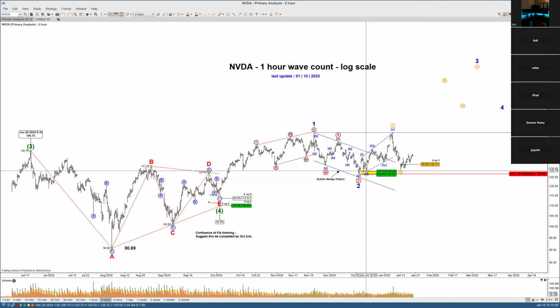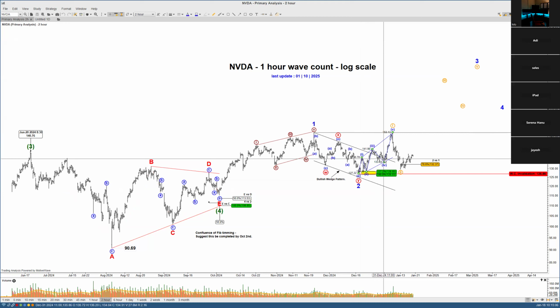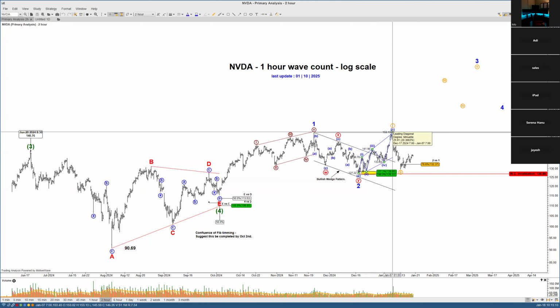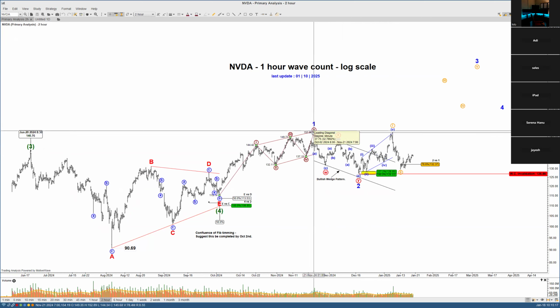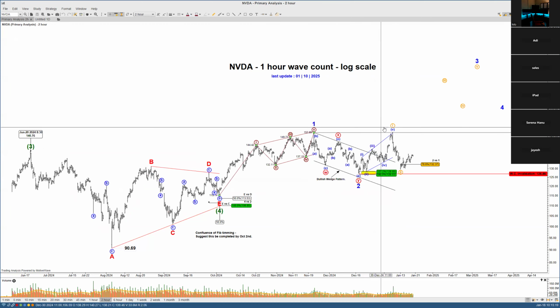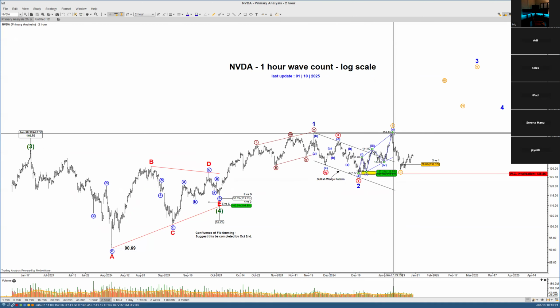I had to add another one here to get out of the one. So we can count this as a leading diagonal in one. At this price, it actually did end up making a new high though. The high was 152.89. Look at the new high here, 153.13. This is the double top right now for NVIDIA.